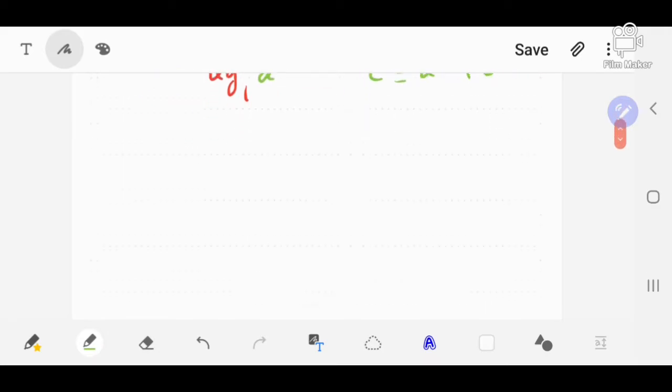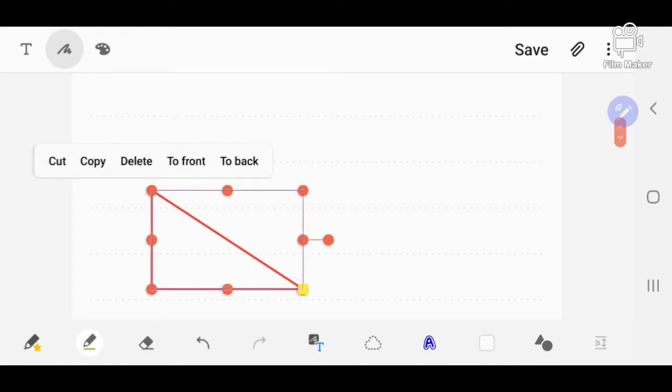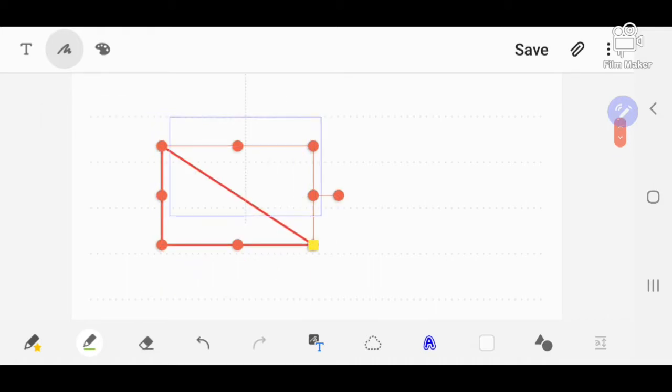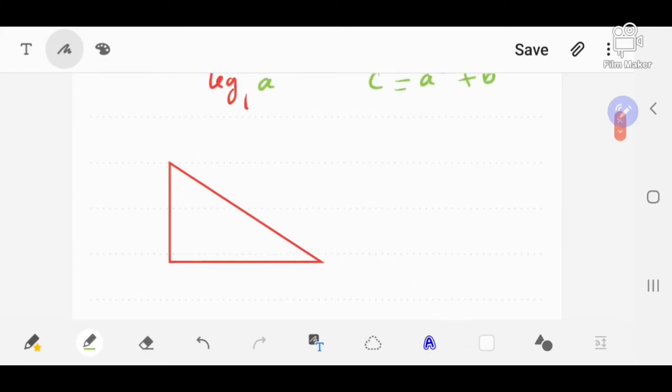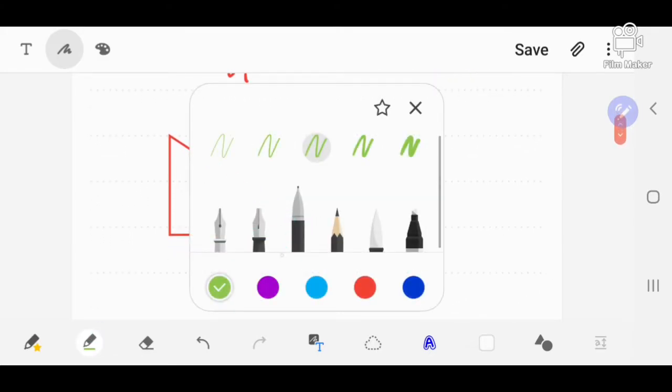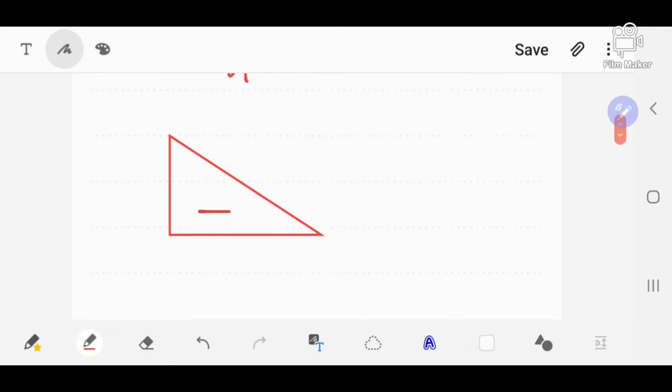Now, where do we get these ratios actually? Why are we talking about ratios in trigonometry? Let's take this triangle for example. Of course, I'm talking about a right triangle. Let's say I want to talk about a 30-degree angle. Let's say that this angle was 30 degrees.